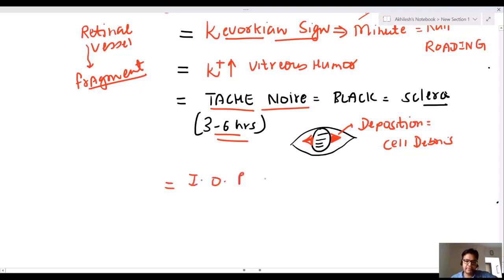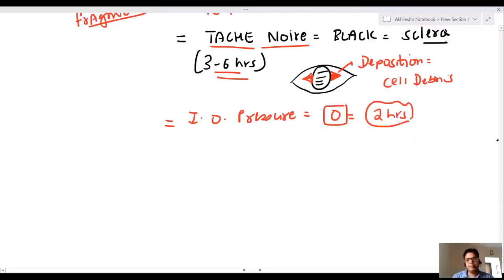Last change, intraocular pressure. Intraocular pressure becomes 0 after 2 hours of death. Intraocular tension becomes 0 after 2 hours.